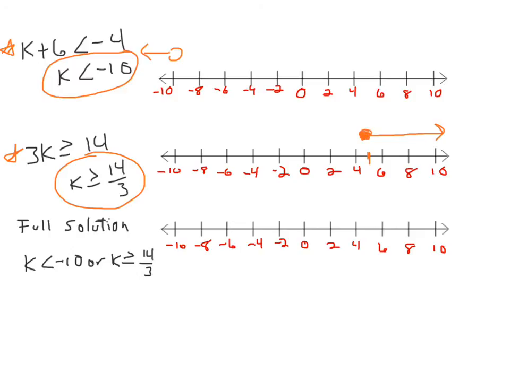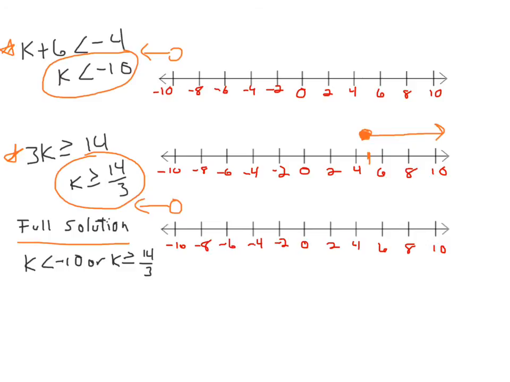So we have these two solutions, and you'll notice that in this particular case there's no overlap. So it's a good thing that this is an OR problem, because if this was an AND problem, we would have to say there is no solution. In this case, because it's an OR solution, the full solution is both of the solutions together, meaning that, hey, all these numbers that are over here, they satisfy the first inequality.